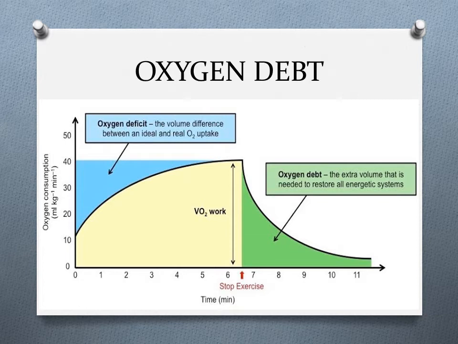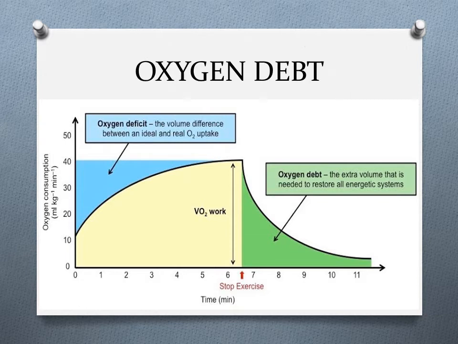Here you can see the blue area, which is the oxygen deficit. It is the amount of oxygen that should have gone into the body during the exercise to fulfill the oxygen demand, but it did not, because the body could not take such an amount of oxygen.